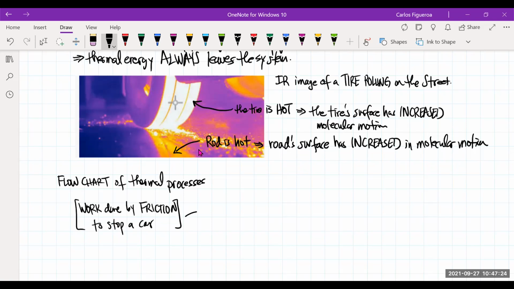And then what happens? That work does not disappear, right? In this case, work is transformed into increases in molecular motion.